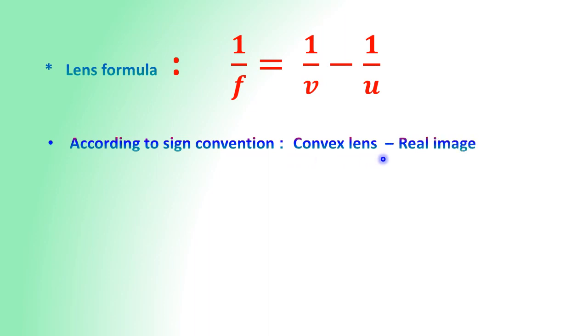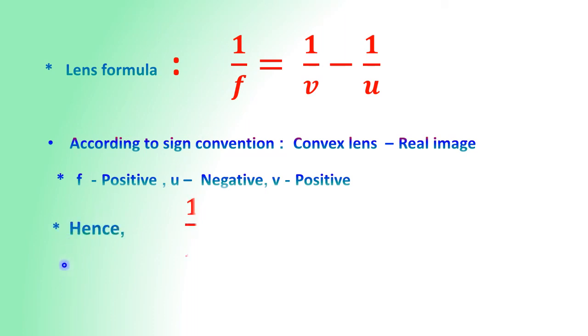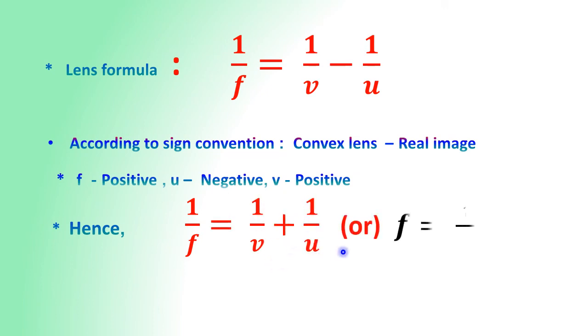For a convex lens, f is positive, u is negative and v is positive, according to the sign convention. Substitute the signs in this formula. The focal length is measured as it is, so 1 by f equals 1 by v plus 1 by u.